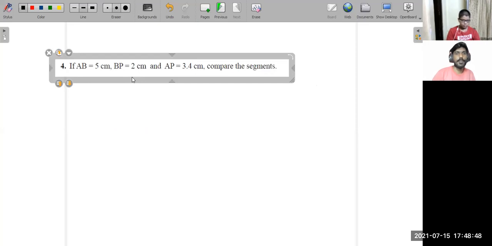AB is 5. BP is 2, AP is 3.4. Compare the segments. By comparing, I mean which is greater, which is smaller, which is equal. Write it down.